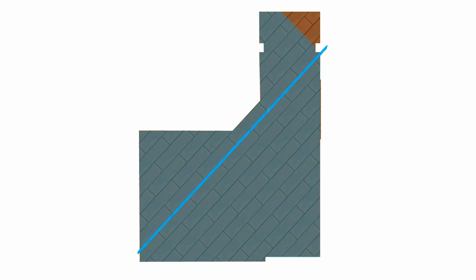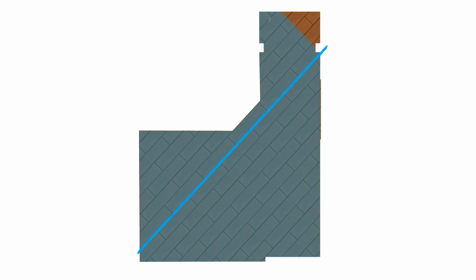The other thing that makes it really hard to plan this out in the field is just the shape of the room. So if you imagine we would have a main reference line going diagonally here to align the tiles to, we could actually measure most of the area of this room from this reference line. So in order to get these long tile rows measured out, this whole area would be covered.